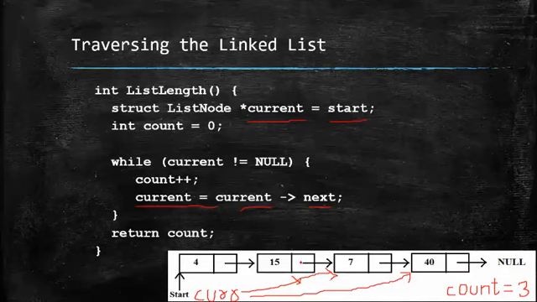So again we have to increment the count, and count becomes, as you guessed, 4. And now again we have to make current point to the next pointer of current. As you can see, next of current is pointing to null. So when we say current point to next of current, basically current starts pointing to null.